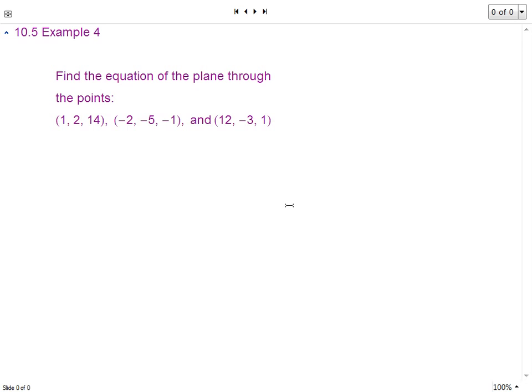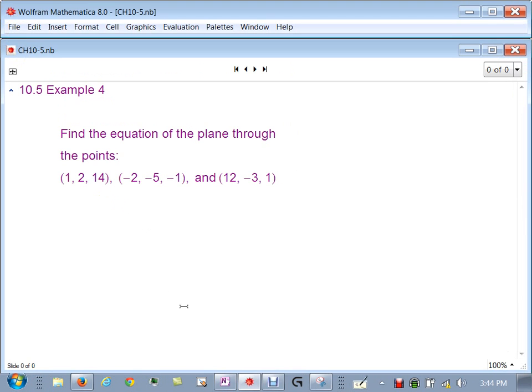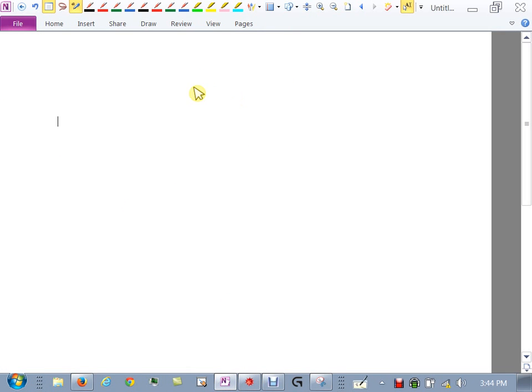So let's try this one. We're going to find the equation of a plane that goes through those 3 points. So my points are 1, 2, 14.